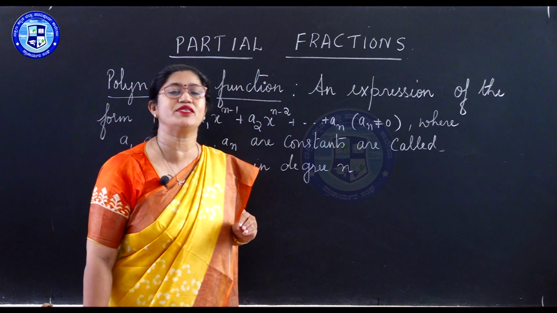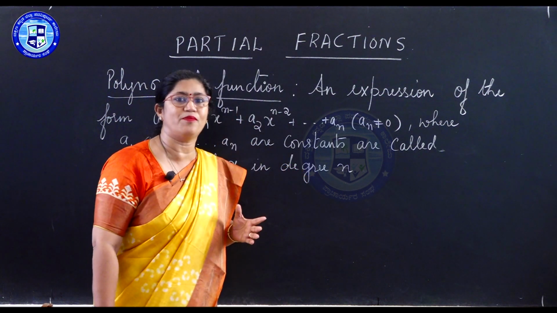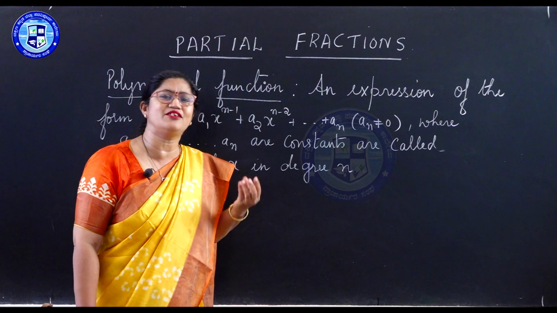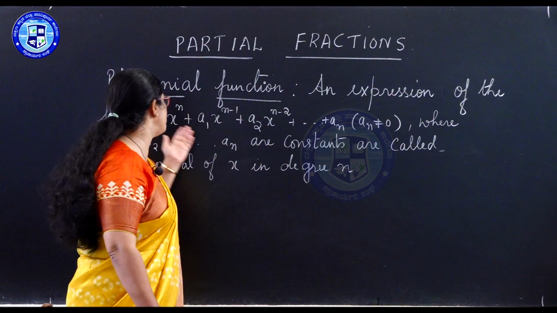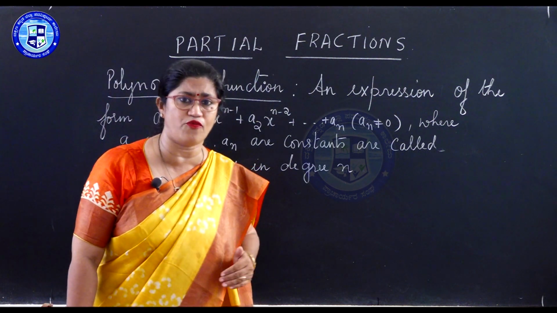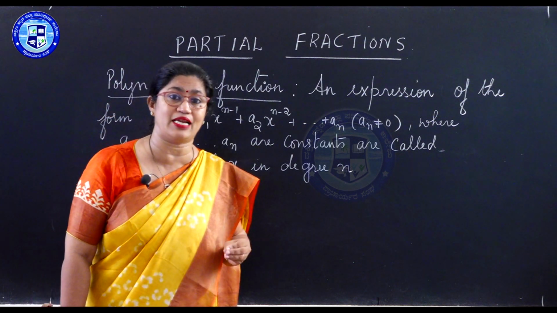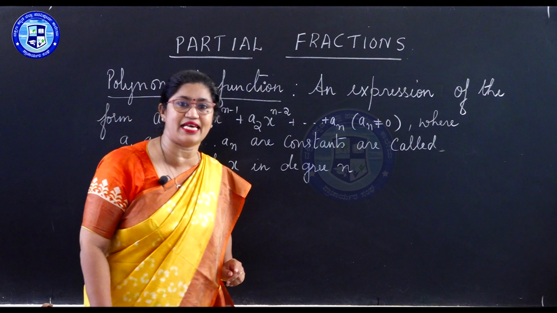Don't get frightened by this definition of a polynomial. Just remember the normal equations which you are so familiar with. The variable is x and hence it is called a polynomial of x. How do I calculate the degree? How did I say its degree is n?